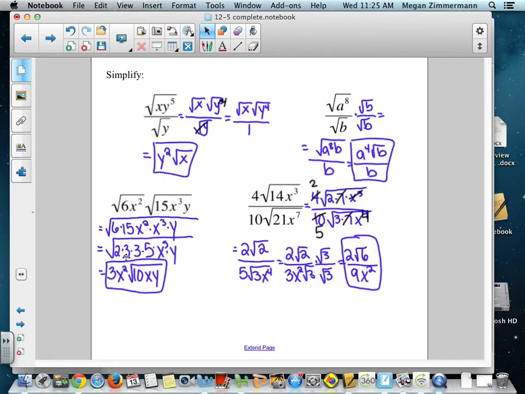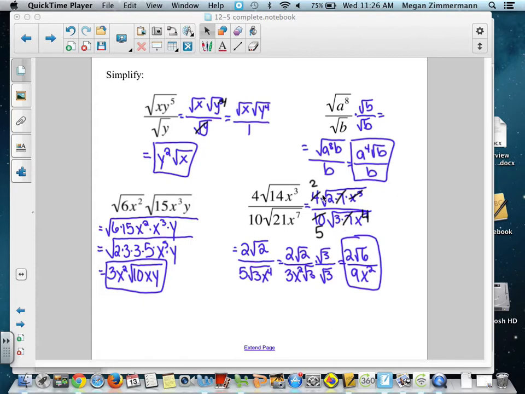So if I look at the numbers, I know there's a double 3, so I can pull out a 3, and then I'm left with the square root of 10 underneath. And then the square root of x to the fifth is x squared times the root of x, so x squared goes on the outside, x stays on the inside, and then the y stays where it is. So that would be my simplified answer.